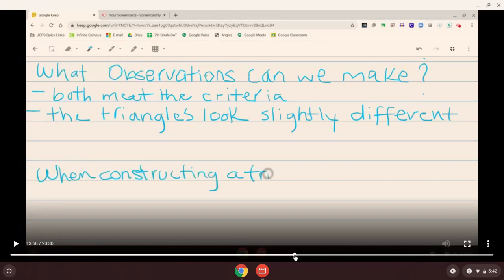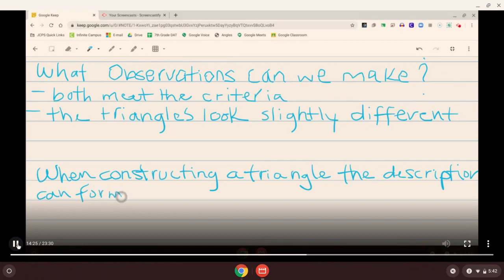So when constructing a triangle, the description can be that it is a unique triangle. So a unique triangle was formed from what we made.